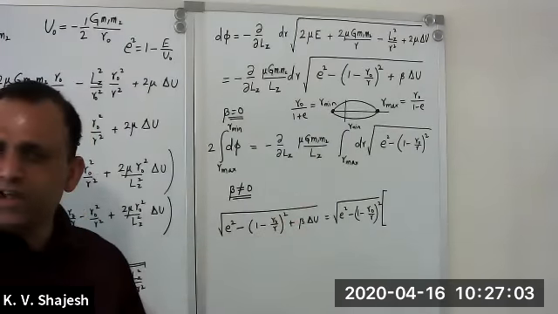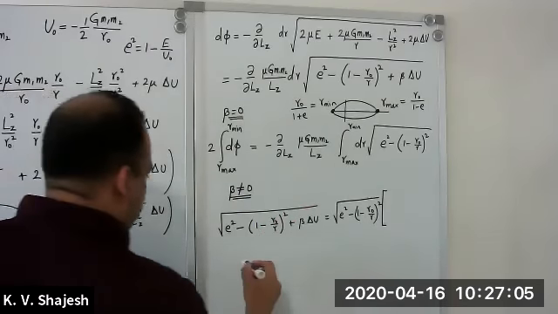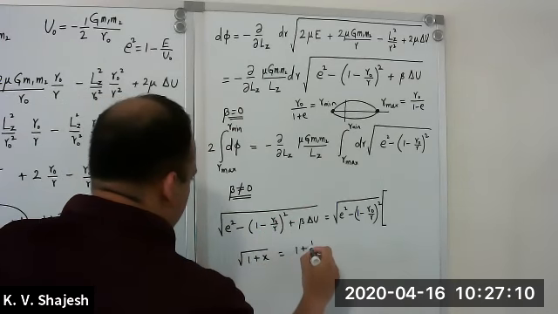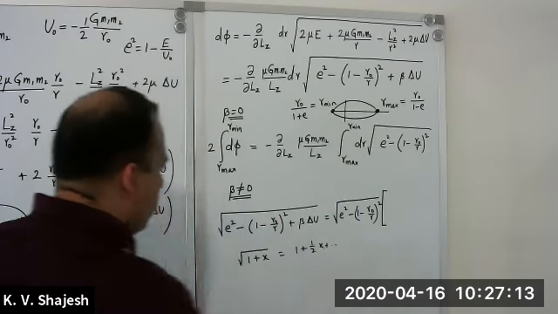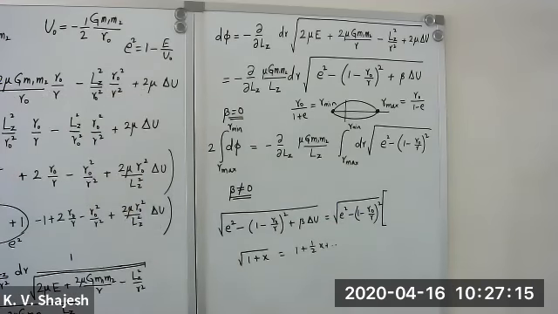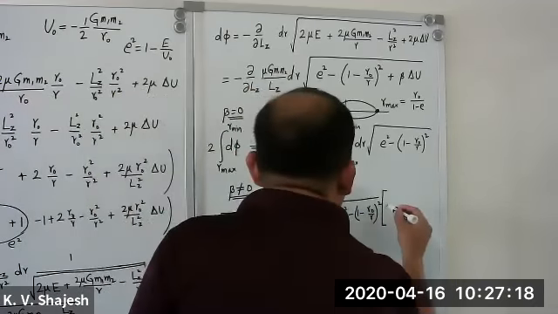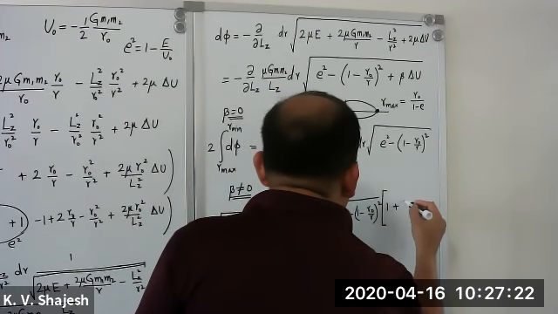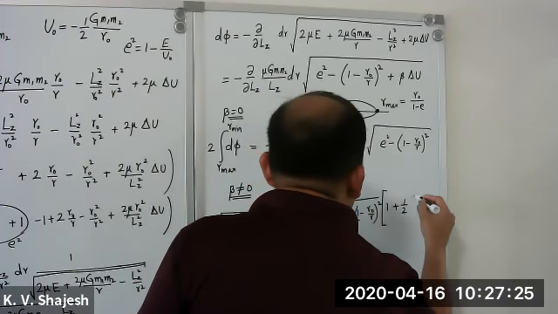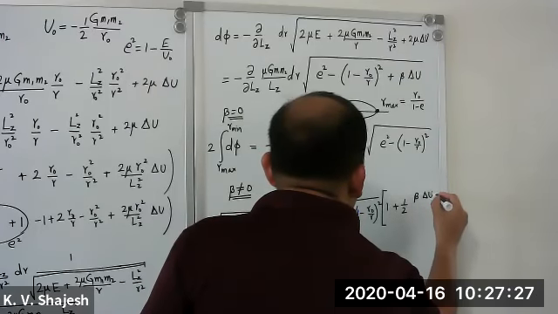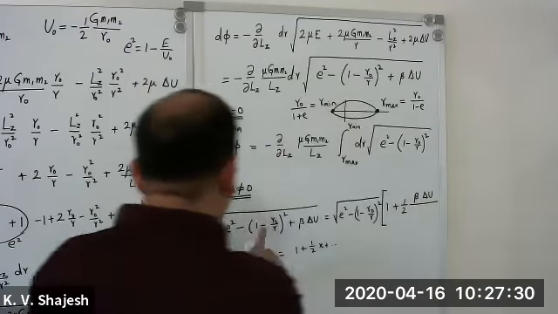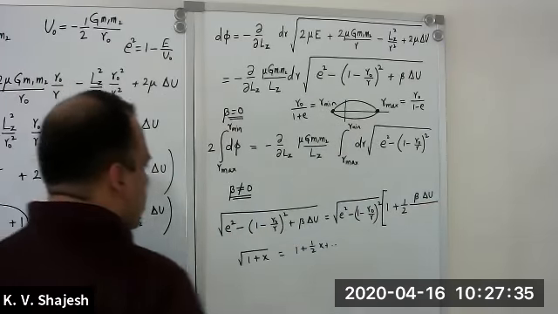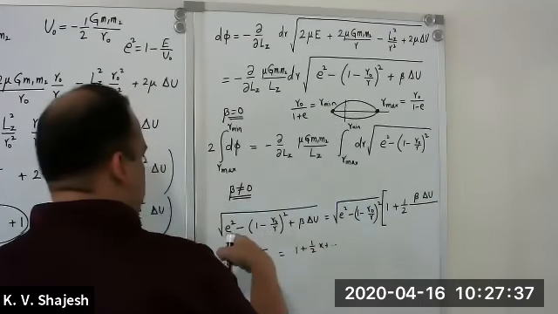The change is small, so expand this out. The square root when expanded is 1. So remember your square root expansion, 1 plus x is 1 plus half of x plus so on, as a Taylor expansion. So it is 1 plus half of beta times delta u divided by whatever is the first term without the beta term inside the square root.